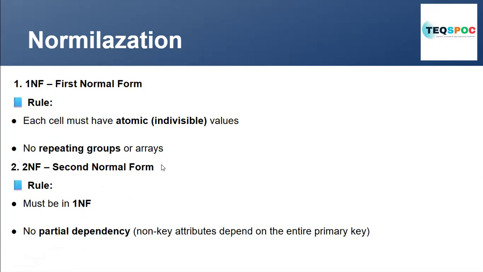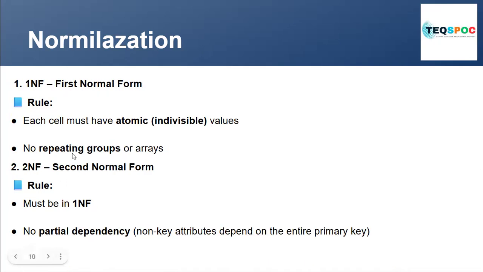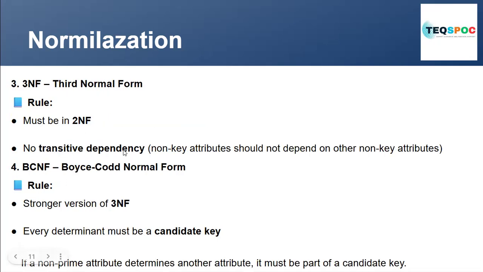Now the third is 3NF, the third normal form. It should satisfy 2NF, and no transitive dependency exists, meaning a non-key attribute should not depend on another non-key attribute. Then BCNF, the Boyce-Codd normal form, also comes under 3NF.